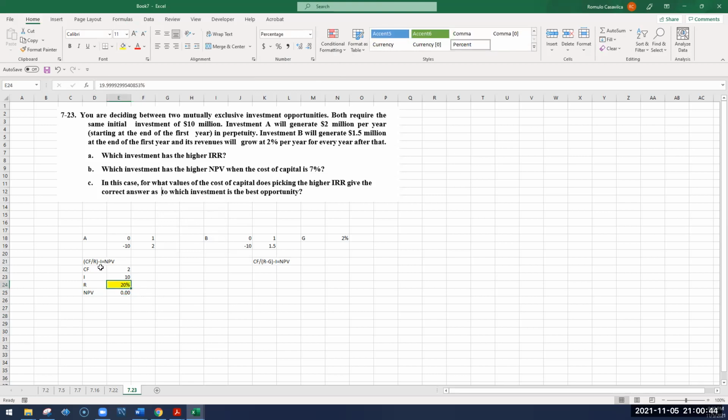You could do manual algebra, but I do it this way with Excel. It's much faster, algebra takes more time. You need to know how to set it up though. The key thing is to set it up: you've got the inputs and the equation, then you can do what-if analysis.